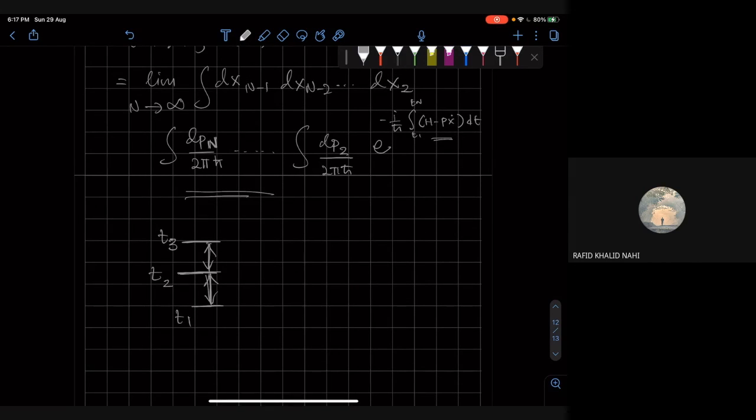So if n is 3, then we are going to have an integral over dp_3 and then an integral over dp_2, right? So this kind of thing works out.